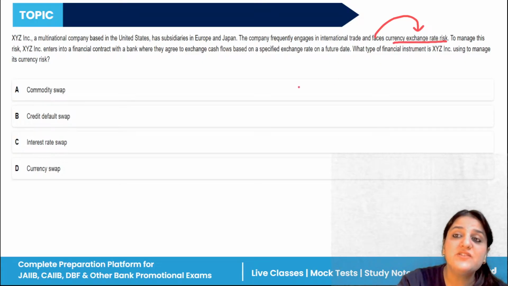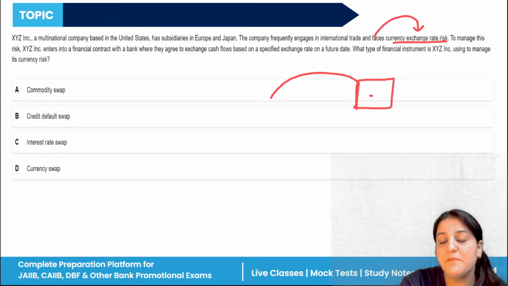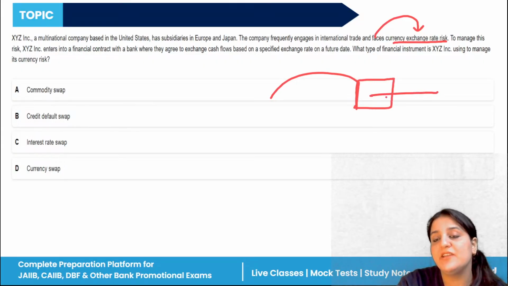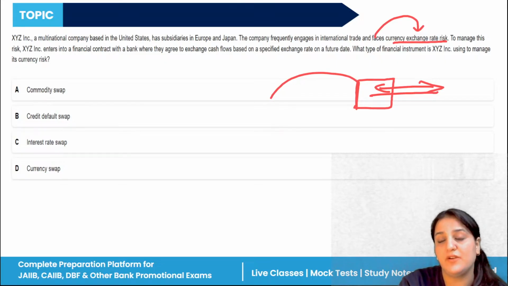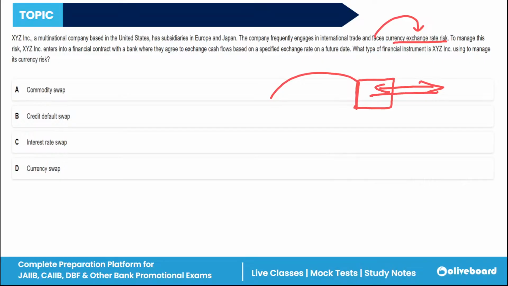To manage this risk, XYZ enters into a financial contract with a bank where they agree to exchange their cash flows at a specified exchange rate on a future date. So, which type of financial instrument is XYZ Inc using to manage its risk?